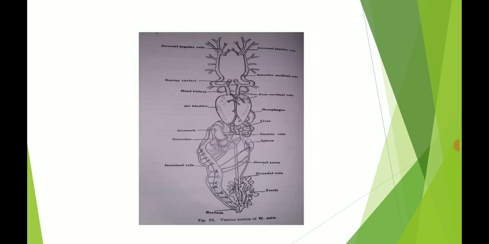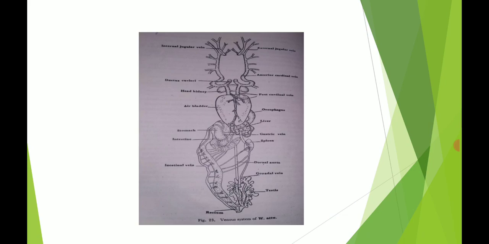Here we are seeing the diagrammatic presentation of the venous system of Wallago attu. This is the internal structure. In the venous system, in the upper side various veins are present: firstly the internal jugular vein as well as the external jugular veins.